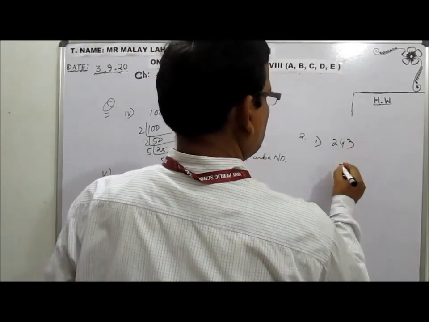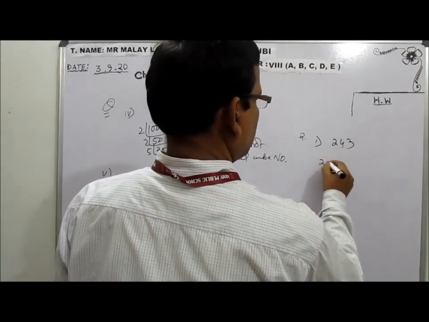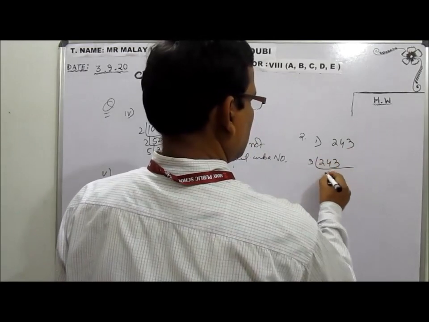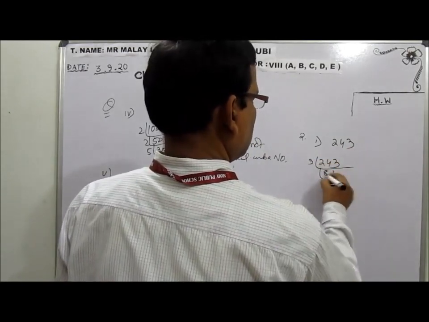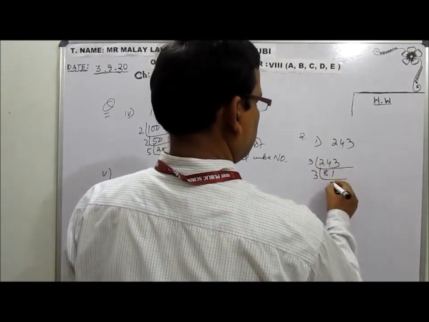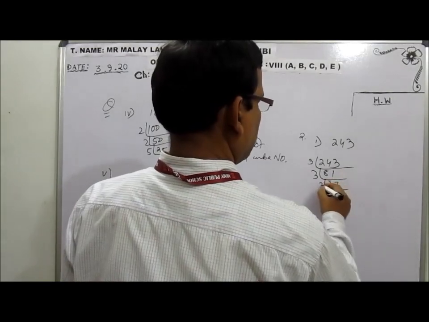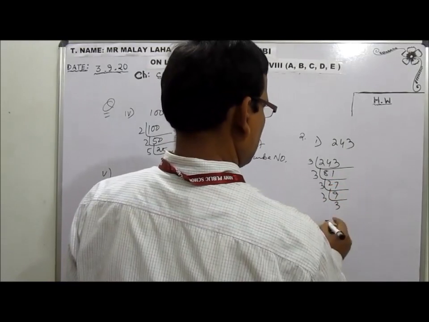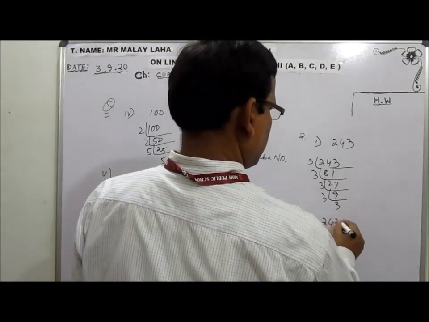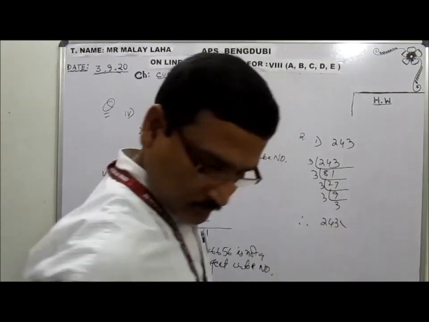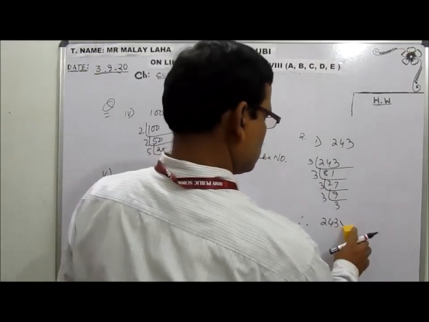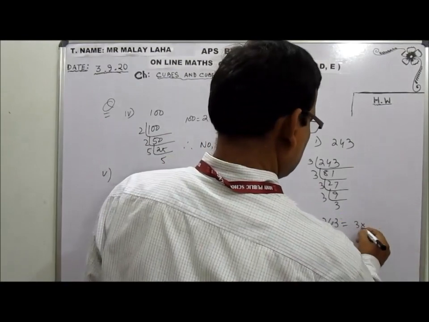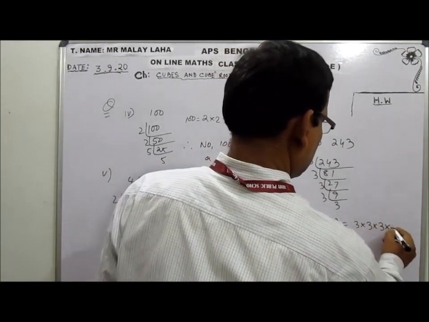So only this question. Question number 2, part 1. 243 is the number. You factorize 243. Factorization only you have to do. 243 divided by 3 is 81, then 27, then 9, then 3. So therefore 243 can be written as 3, 3, 3, 3, 3.